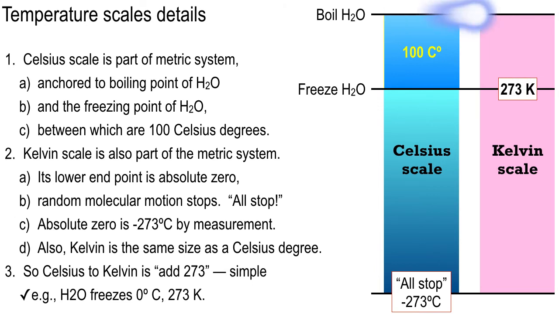And then by the same token, boiling point is 373. All right, so here's 100 Kelvins between those 2 points over here on the lavender colored scale on the far right. And by the same token, this is 0 Kelvin down here at the very bottom.